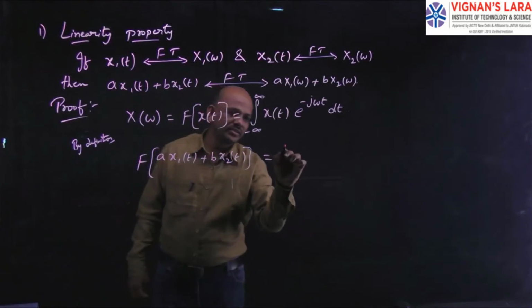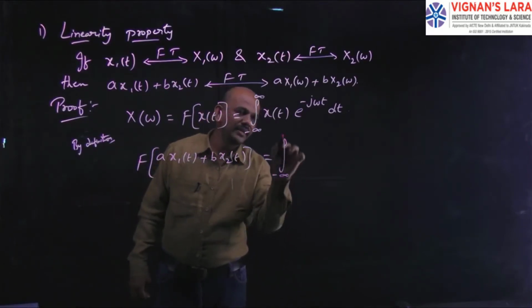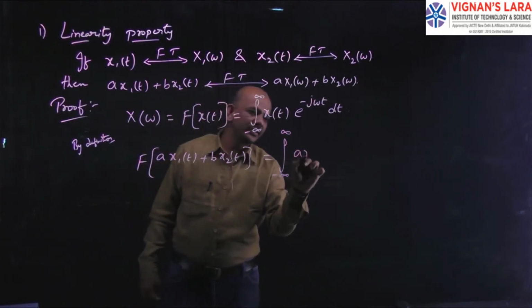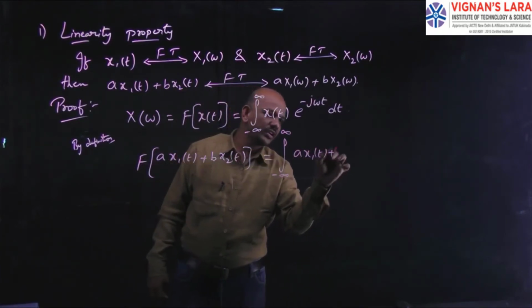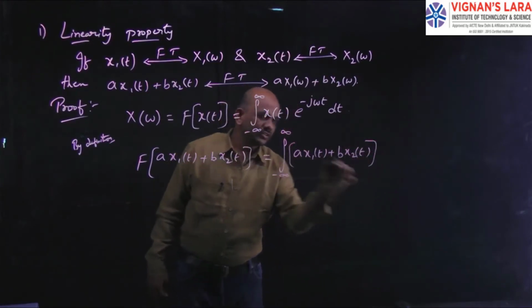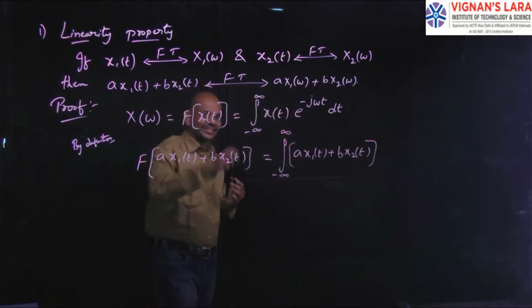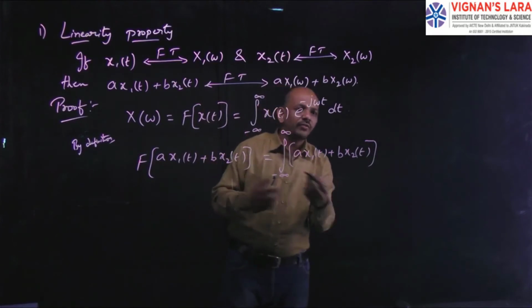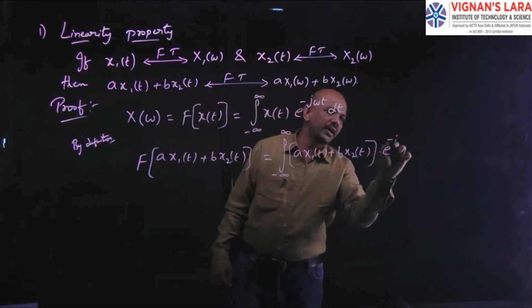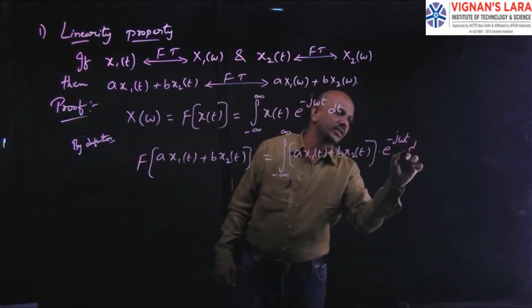Simply, in place of x of t I have the signal a into x1 of t plus b into x2 of t, multiplied by e power minus j omega t dt.